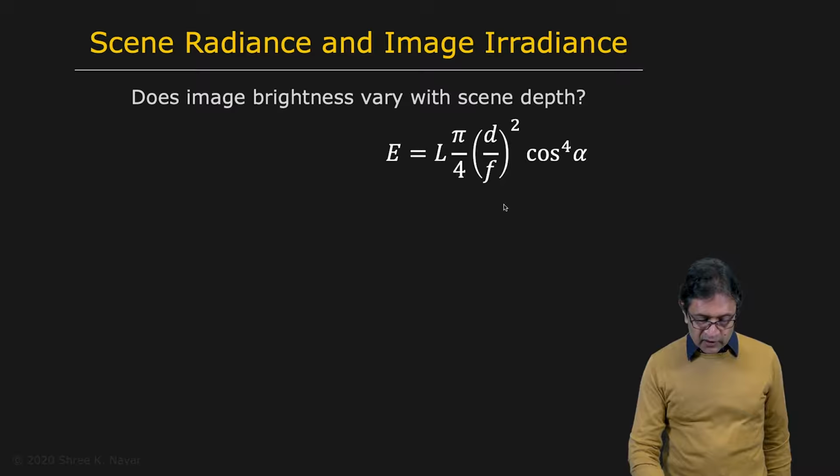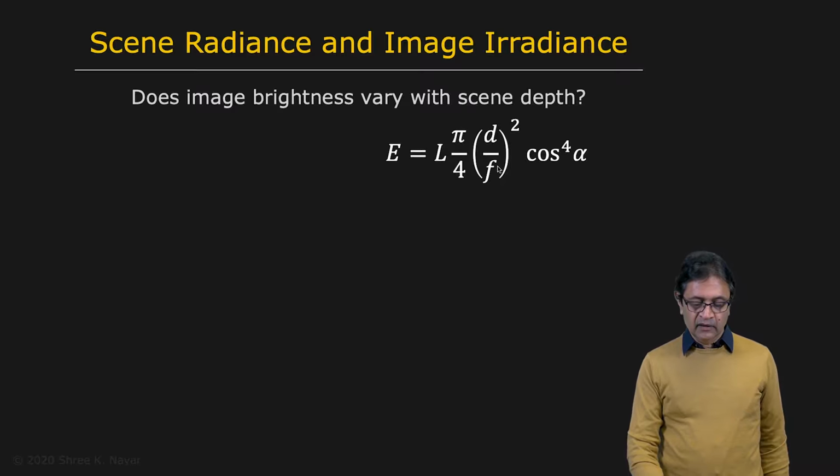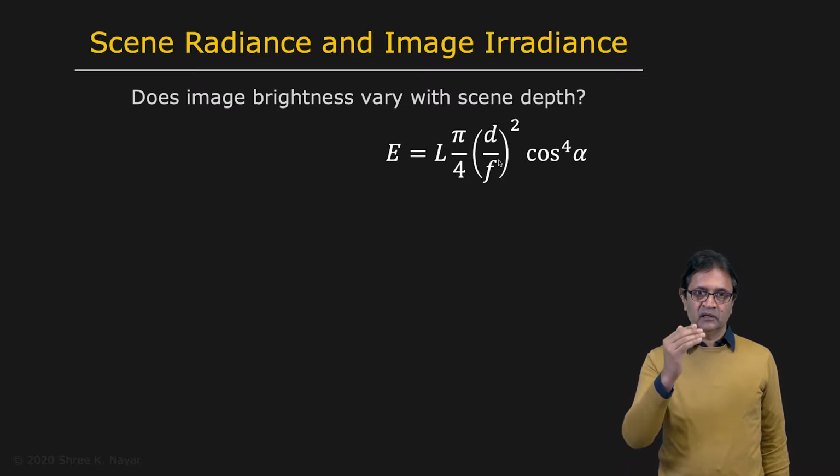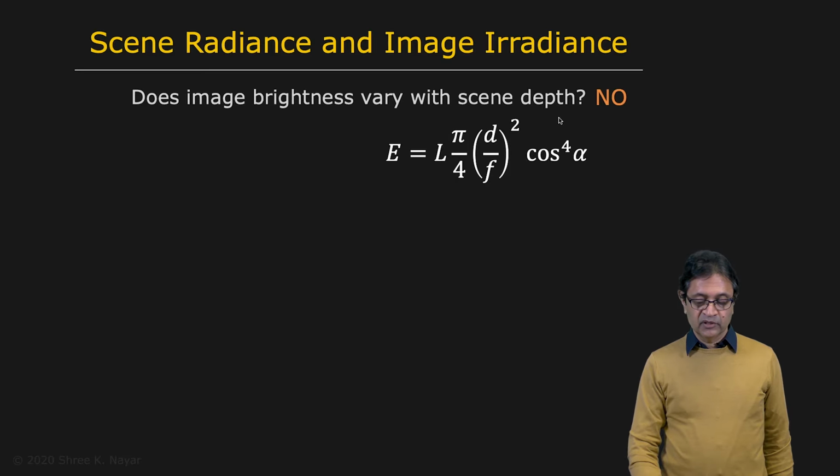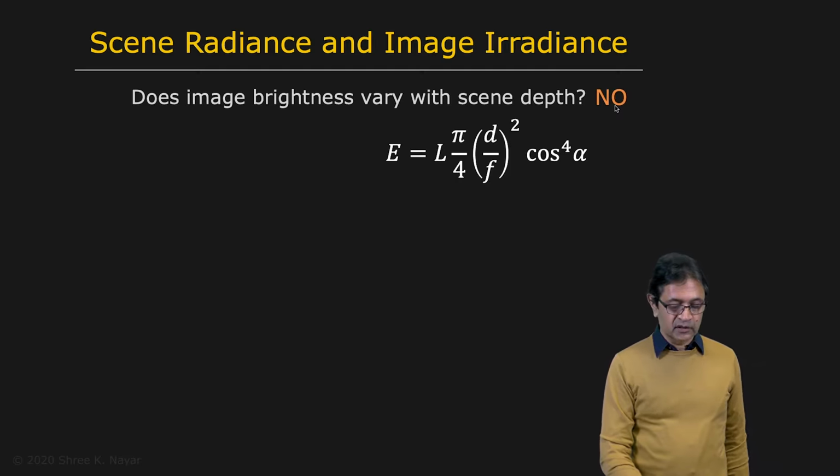But if you look at this expression right here, you see that the distance between the lens and the point in the scene, which we call Z in our diagram, doesn't actually show up in this expression at all. And therefore, image brightness does not seem to vary with scene depth. That's interesting. So let's take a look at why that's the case.